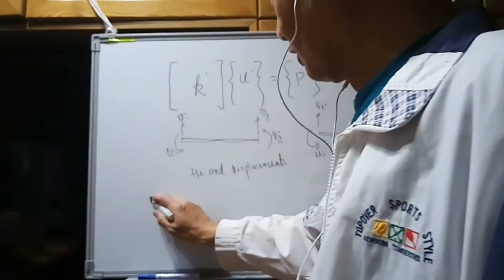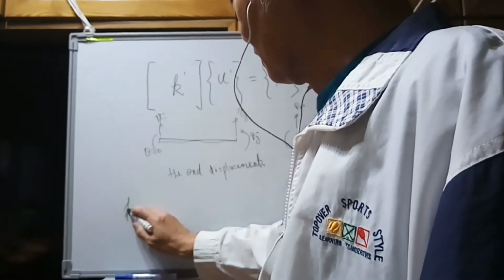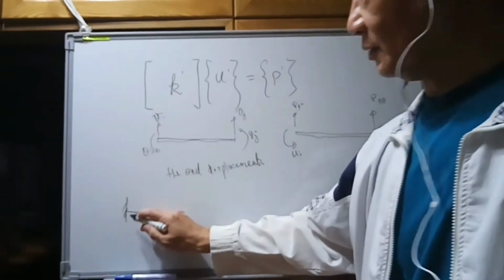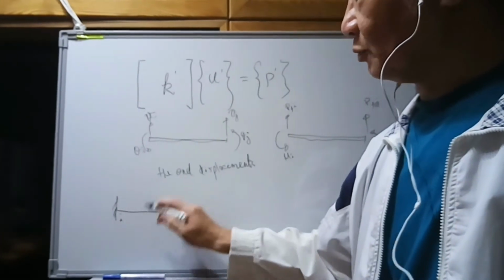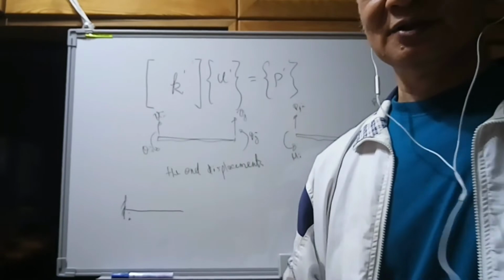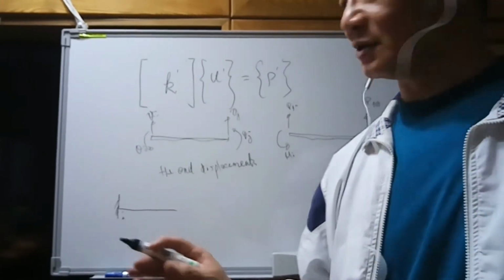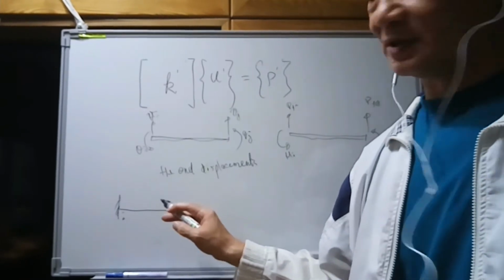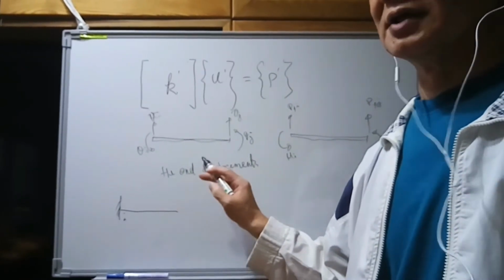For example, if we have a cantilever beam, for this element, we know the vertical displacement and theta i are equal to zero. But we could have non-zero vertical displacement and rotation at the right end.